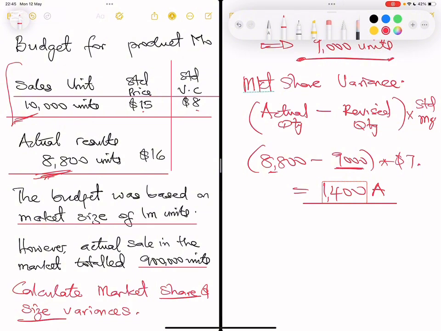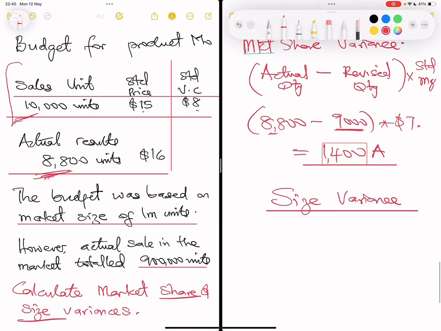Now, if our revised budget volume is less than original budget, then definitely market must have shrunk, and vice versa. Because if our revised budget is more than the original budget, then that means market has expanded. So let's look at the size variance to see whether the market has expanded or has shrunk.